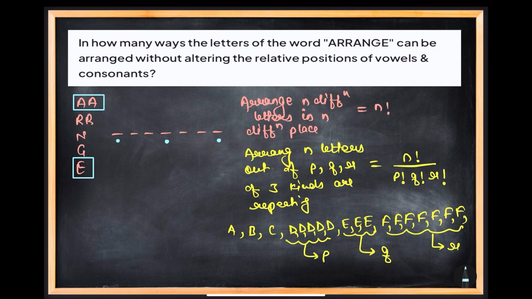Correct? Now focus on this part. Just focus on the first vowel place. For this place, how many choices do you have? You can put this A, this A, or this E. So for this place, you have 3 choices. Is your task completed?